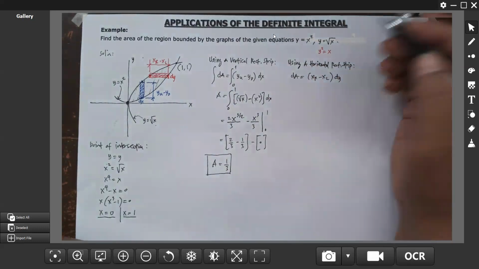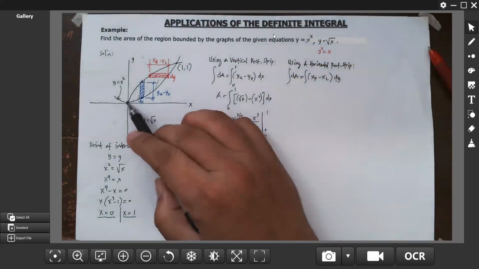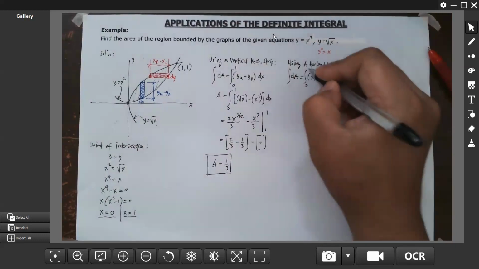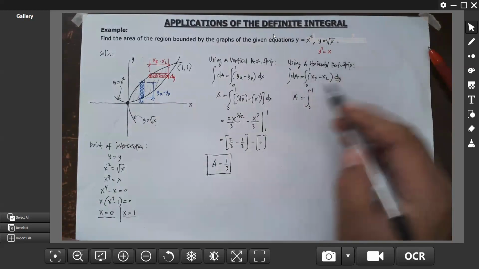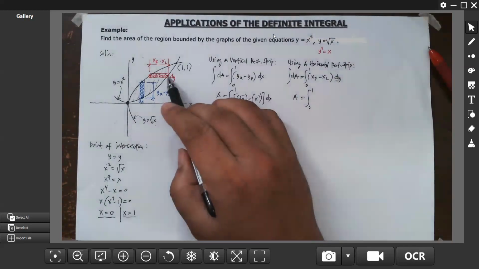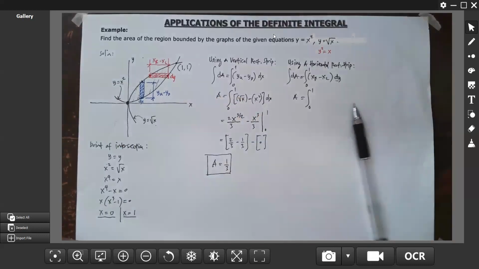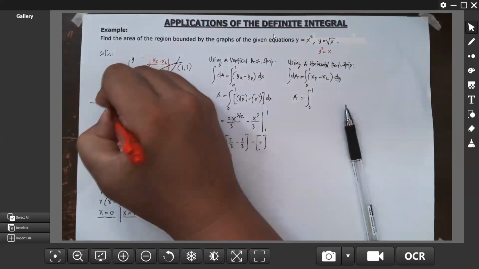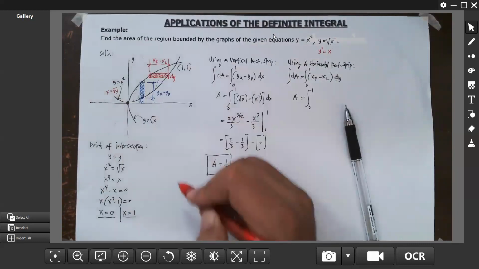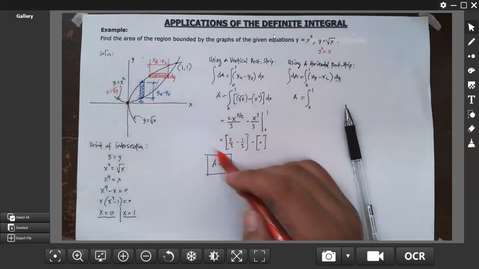We integrate in y, and the limits are still 0 to 1. So we have A equal to the integral from 0 to 1 of x right. Our right has this equation, y equal to x squared. So when you solve for x here, x is equal to the square root of y.